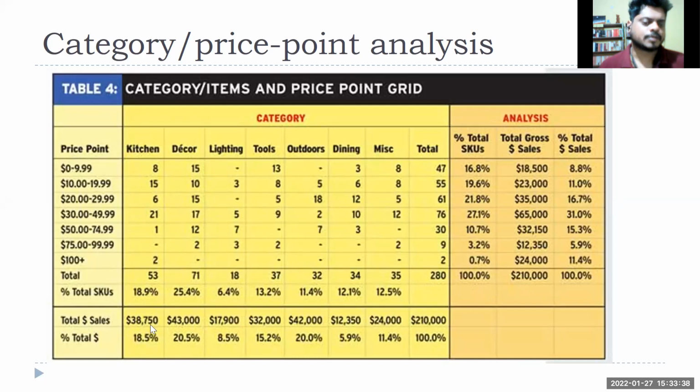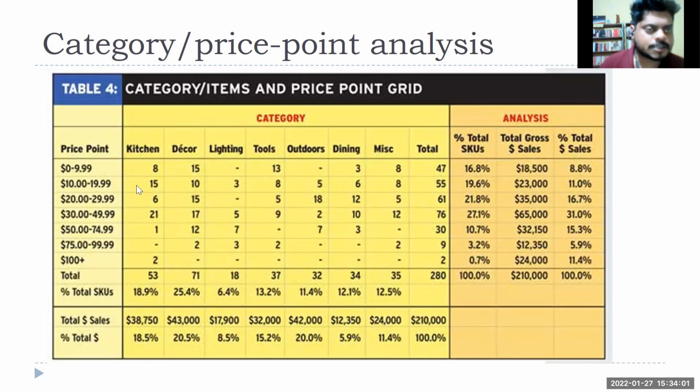Then the total sales value, this is given here. The price is given, so the selling price is given. If you add them up, you'll get the total sales value. So the total sales value for kitchen items here is $38,750. The total sales value of all the items combined is $210,000. If I divide 38,750 by 210,000, I'll get 18.5%.